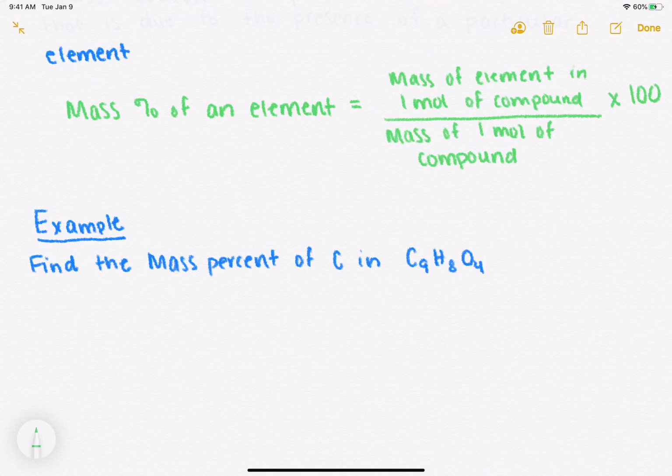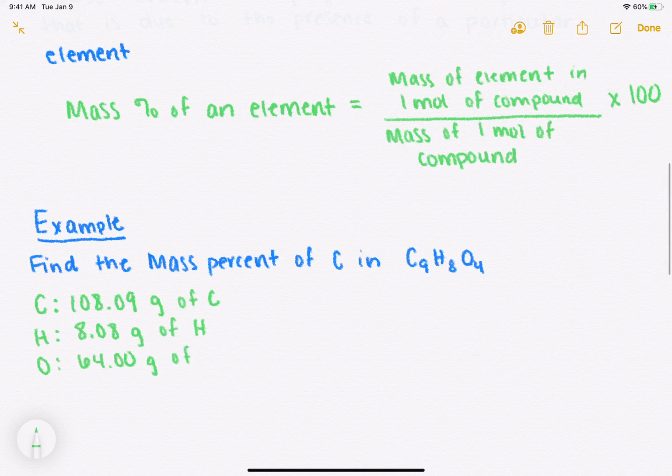If you remember from the last video, we found that in this molecule, we have 108.09 grams of carbon, 8.08 grams of hydrogen, and 64.00 grams of oxygen.